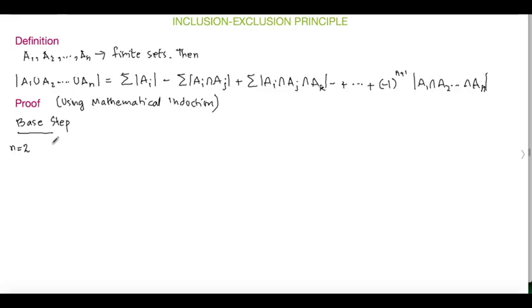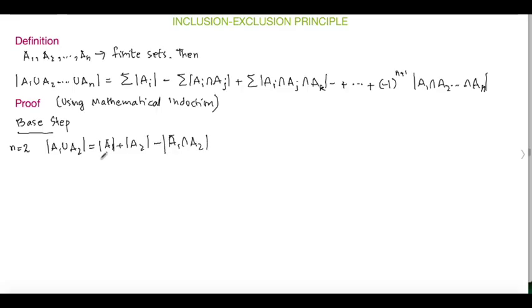Then all we have to prove is that the cardinality of A1 union A2 is equal to the sum of the cardinalities of both of them, subtract the cardinality of A1 intersection A2.